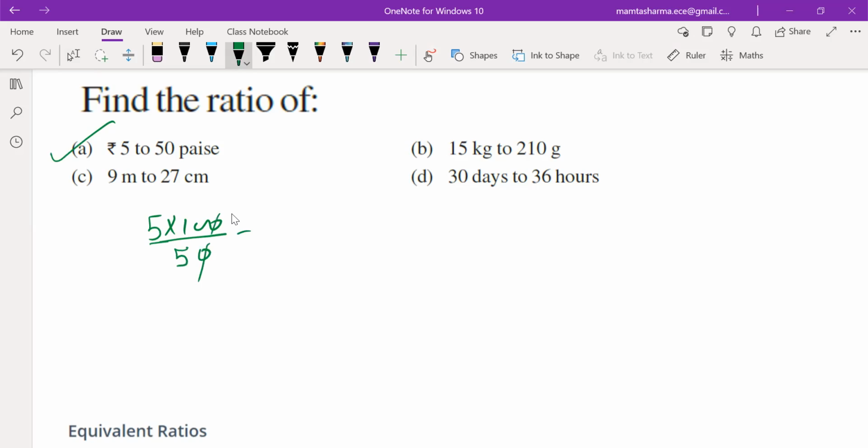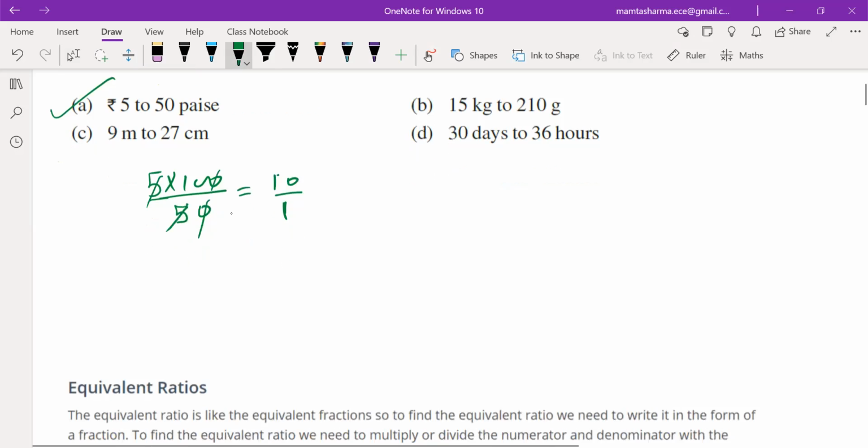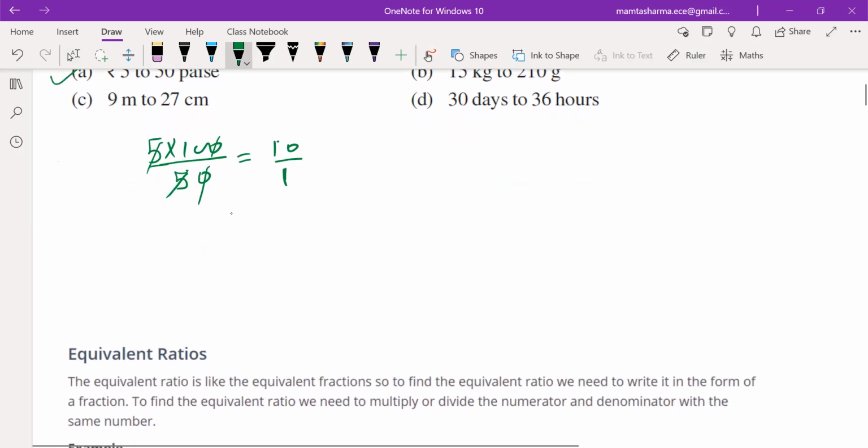We cancel the zeros. Yes, correct. 5 and 1. Correct. So all of you, please do it fast.